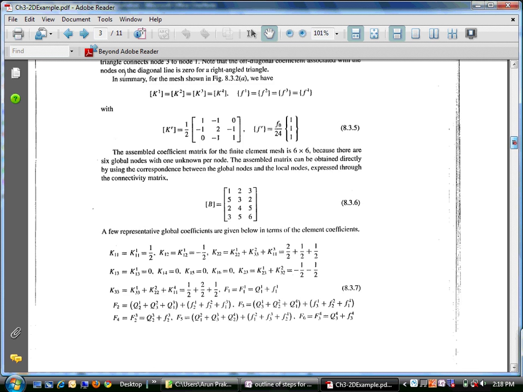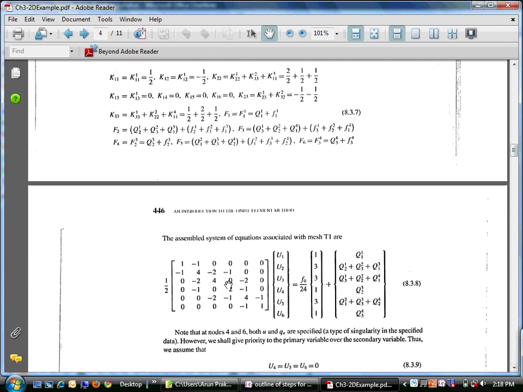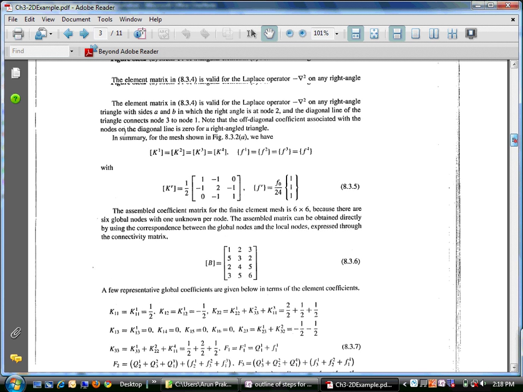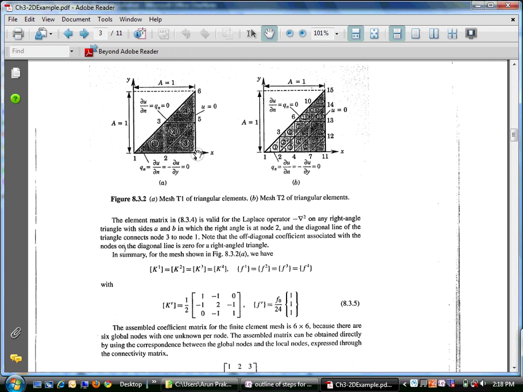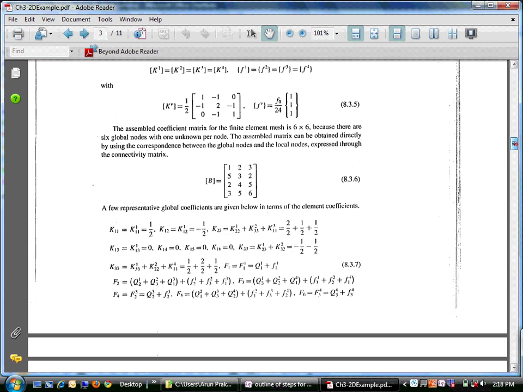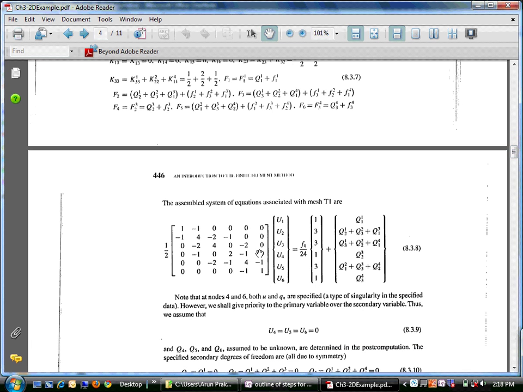If you assemble your stiffness matrix for the entire domain, this is what you will get. After that, we know how to solve that, because in this case, the essential boundary condition is that nodes 4, 5, and 6 have to have the value u equal to 0. So these last 3 equations have values that are known to be 0. All that we need to do is to use our boundary conditions that we talked about earlier and solve the first 3 equations.